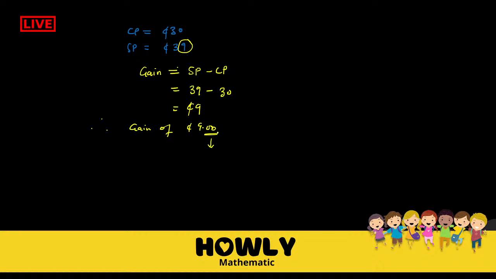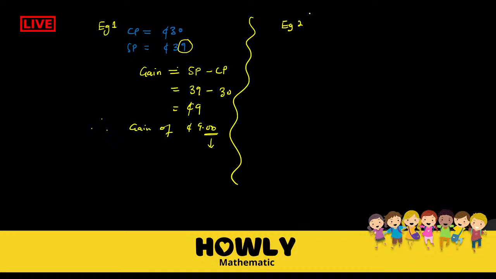Now, the second example. Example 2: a shopkeeper bought a sheep for 40 Ghana cedi and sold it at a profit of 8 Ghana cedi.